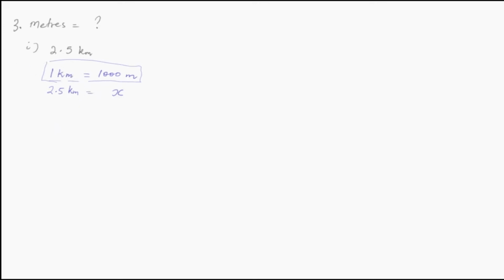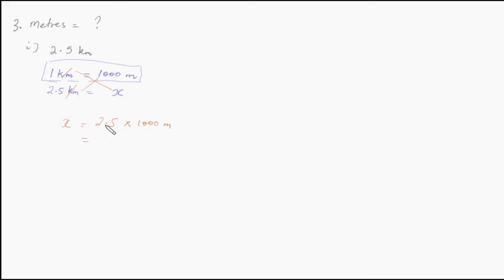This times this equals this times this. But now the kilometer will cancel the kilometer. So 1 times x is x, which is equal to 2.5 times 1000 meters. So we are multiplying by 1000.